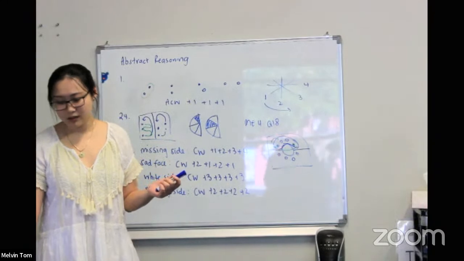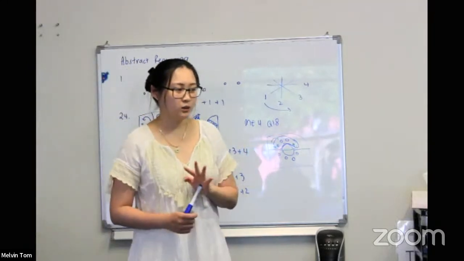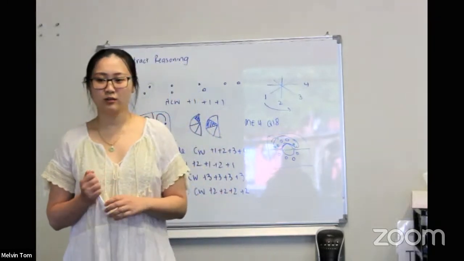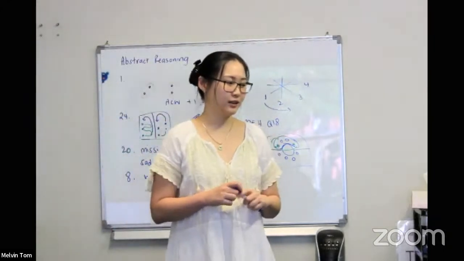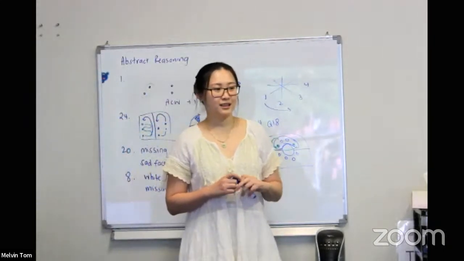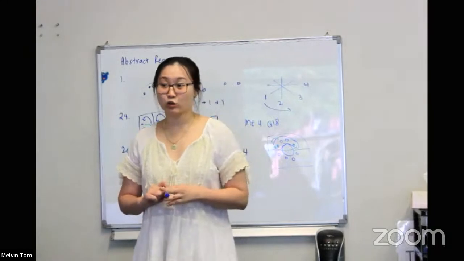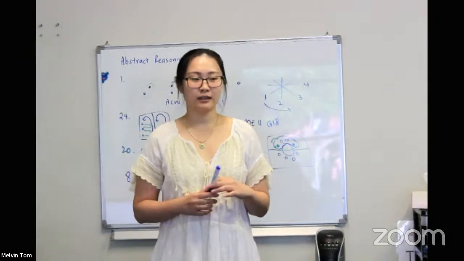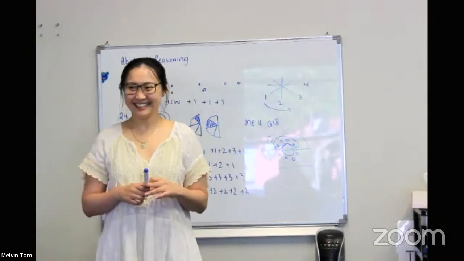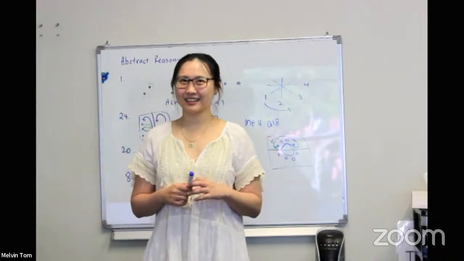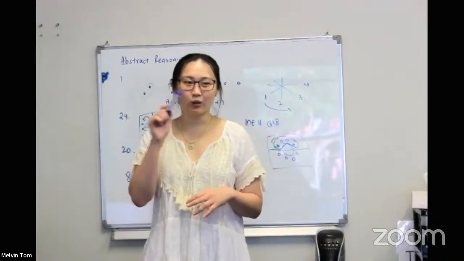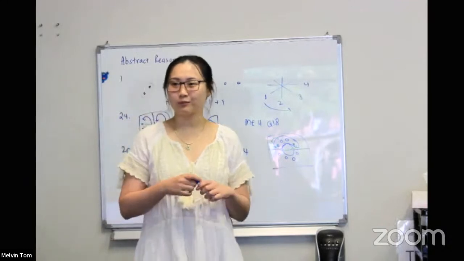Question 12. Do you remember that question we did a lot 2 weeks ago? There's a gray and one red. There's one color or one shape in each row and column, right?